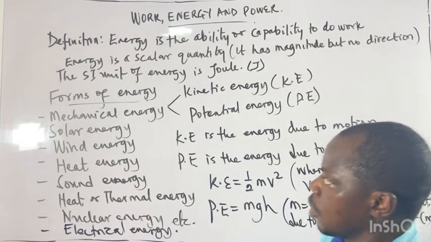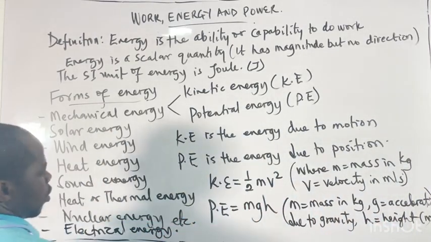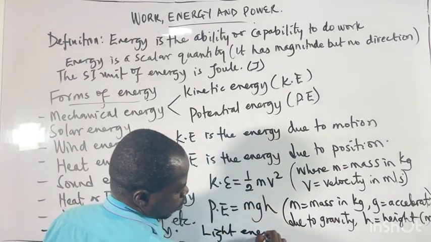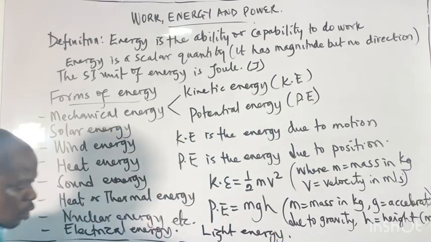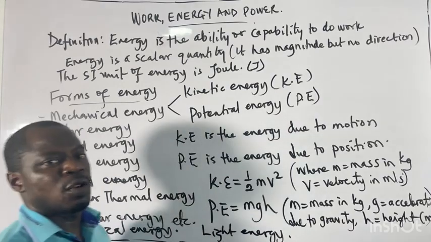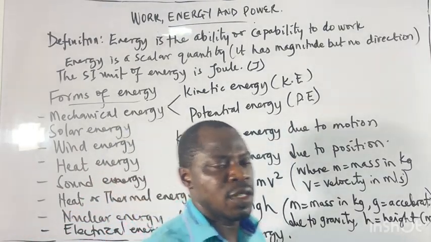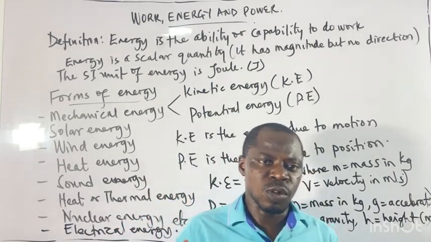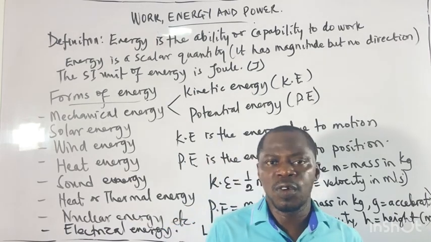Light energy. Light energy is part of the forms of energy. So you can see that this is what the law of conservation of energy states, that energy can neither be created nor destroyed, but can be transformed from one form to another. And that's the law of conservation of energy.